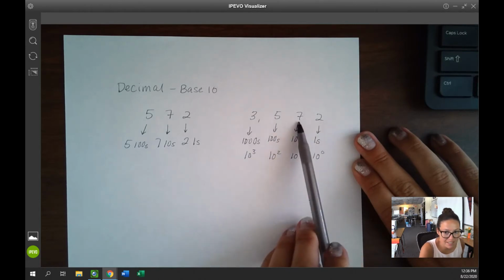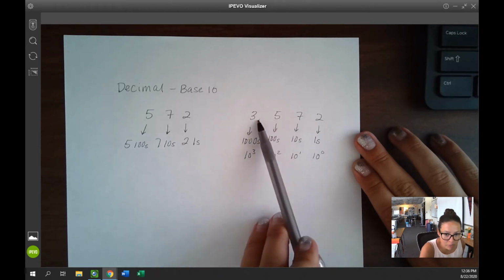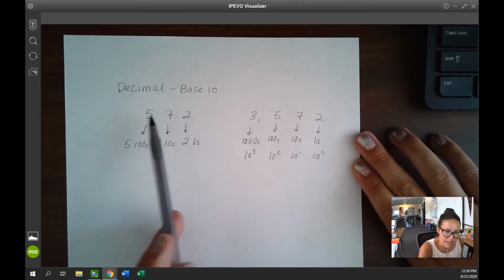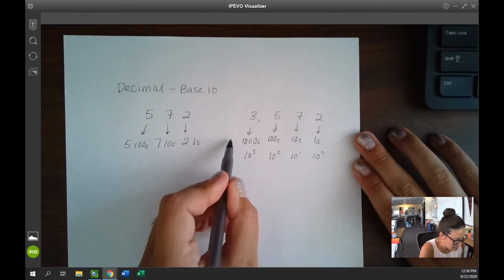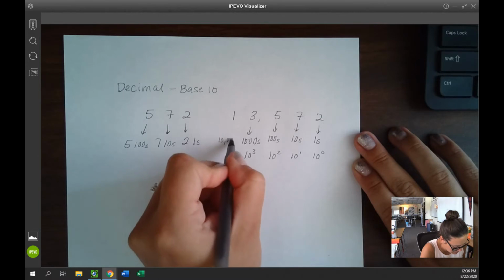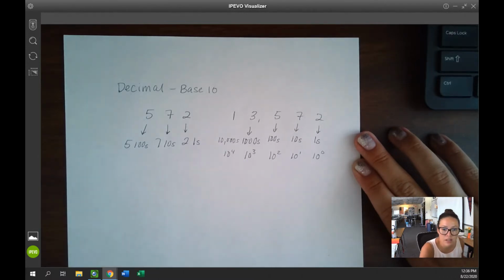This one tells me how many tens, how many hundreds, and how many thousands there are. If we keep adding more digits and the number keeps getting bigger, the pattern would follow. If I put a 1 here, that tells me how many 10,000s there are, which is 10 to the 4th. And we could keep going.